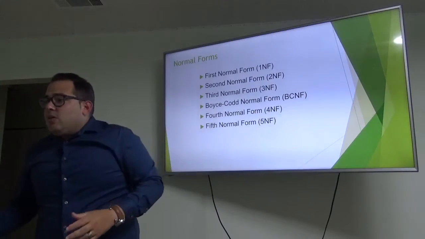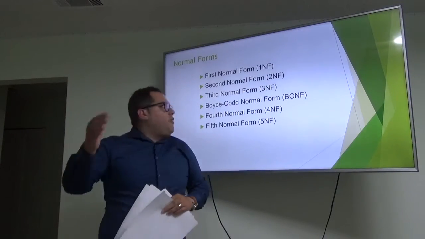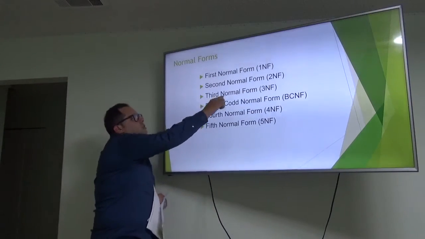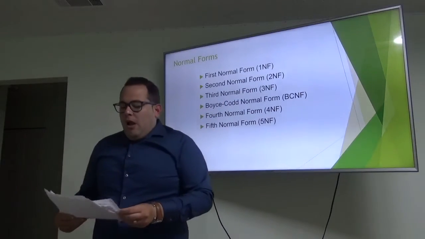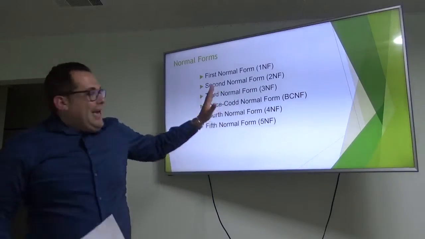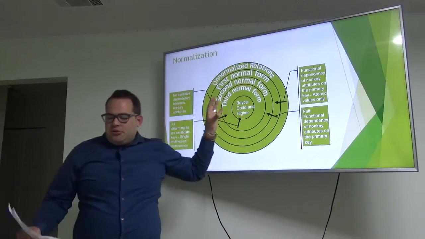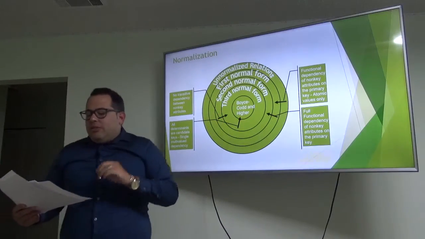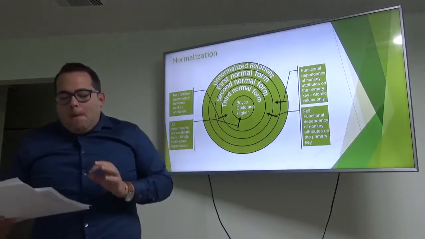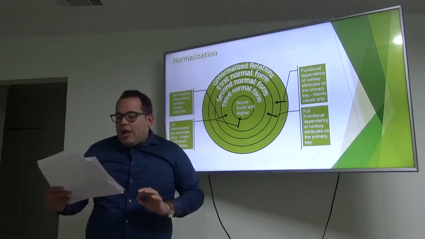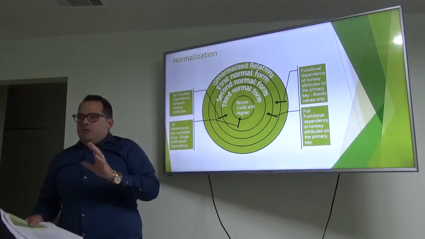In today's class, we are going to learn the first until the third normal form. It's very important to note here that the simplification must be done with no loss of information.